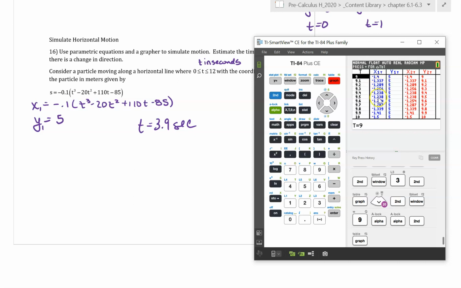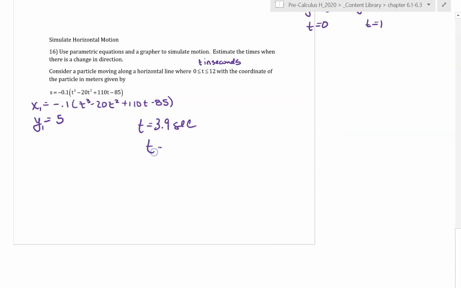So it's moving to the right, but then right about here, negative 1.337, negative 1.289, negative 1.256. Then right about here, 9.5. Notice now it seems to be going in the other direction. So right about t equals 9.5 seconds.